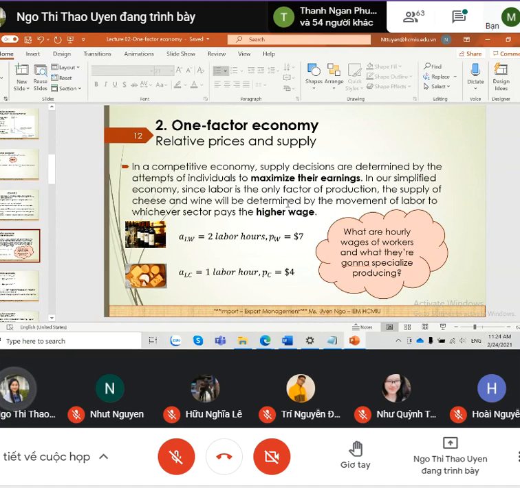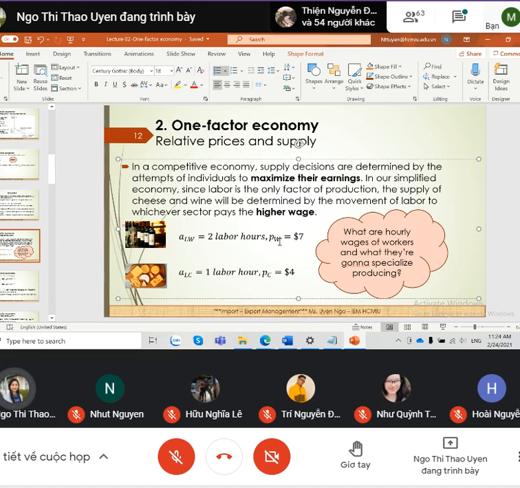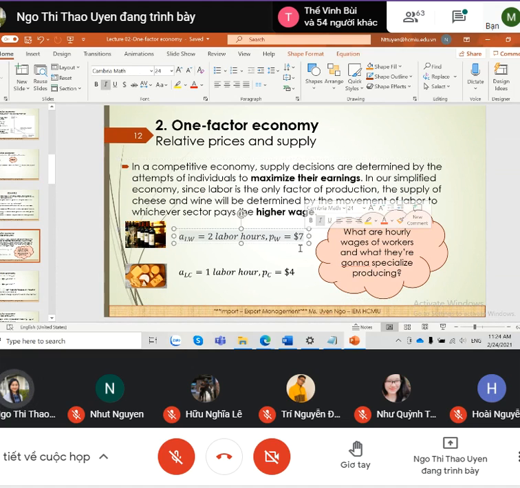So assume that it takes 2 hours to produce a gallon of wine and 1 hour to produce a pound of cheese, and the price for 1 gallon of wine is $7. The price for 1 pound of cheese is $4. So what is the wage per hour of wine worker and cheese worker?